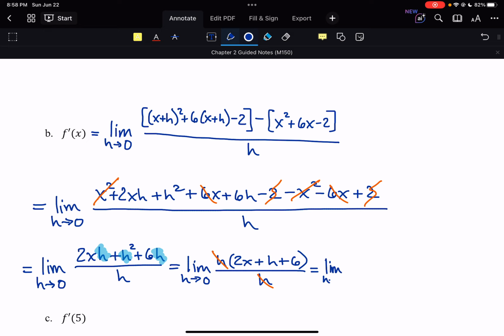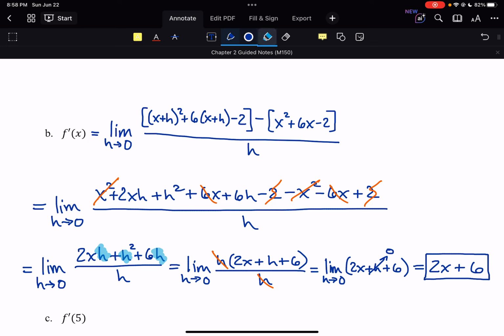So all we have left is the limit of 2x plus h plus 6. And as h goes to 0, that middle term disappears. And we are left with 2x plus 6.